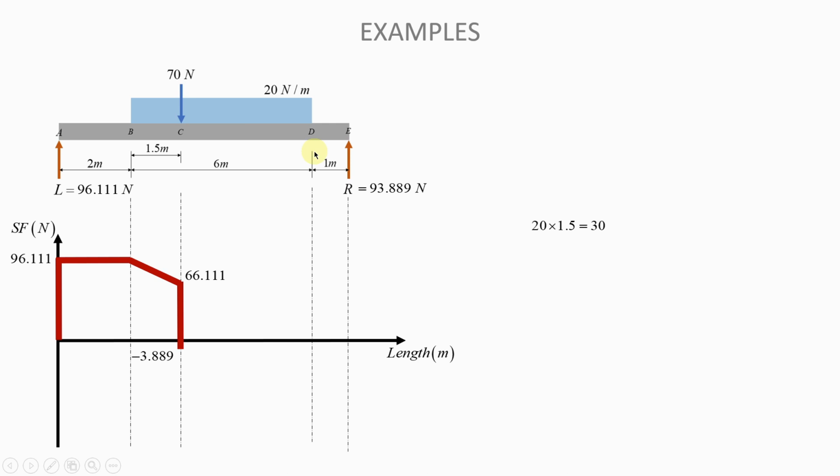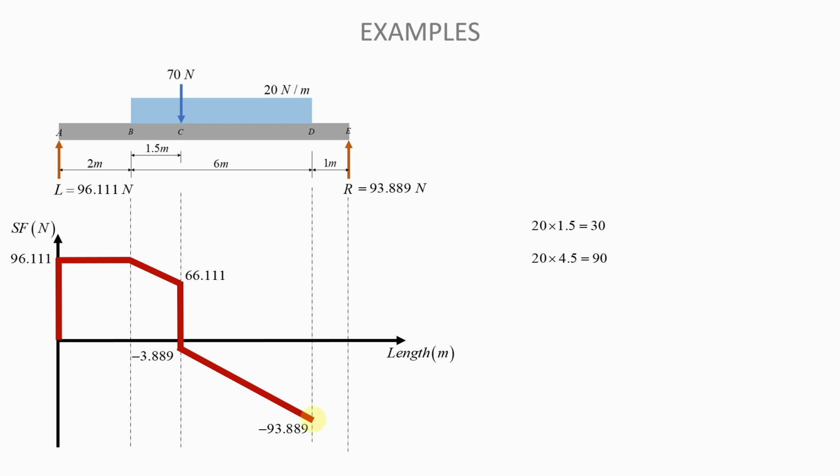The force equivalent to that UDL acting over 4.5 is 20 multiplied by 4.5, which is 90. So by the time we move to the end of that segment, we must have gone down by 90. From minus 3.889, you do again minus 90 because the UDL is acting down. That will lead you to minus 93.889.